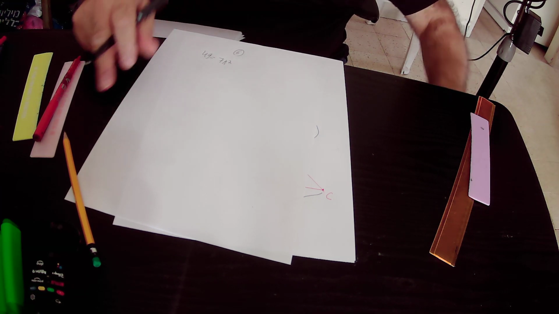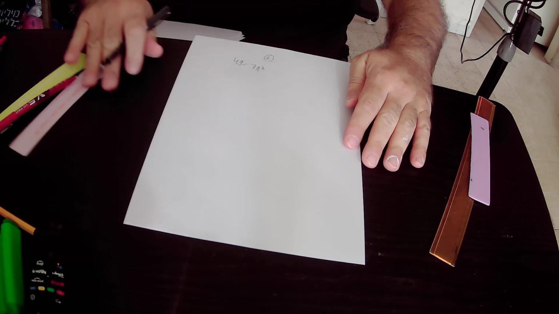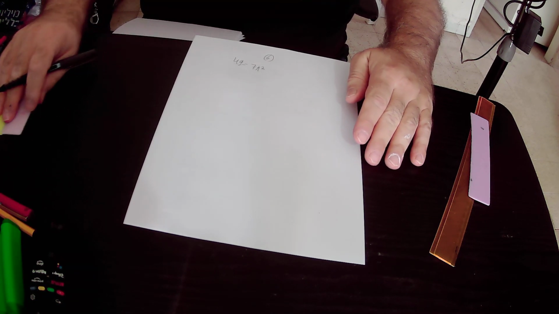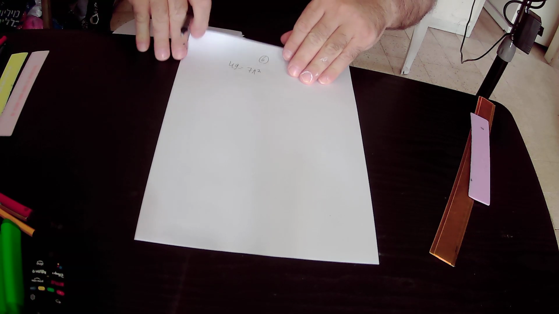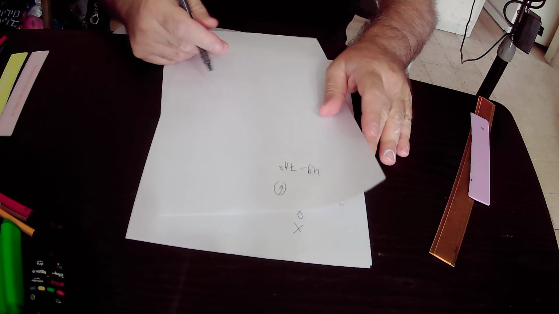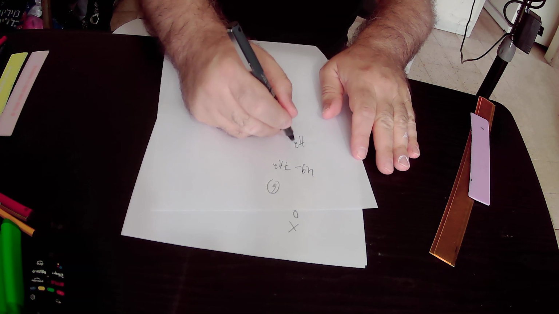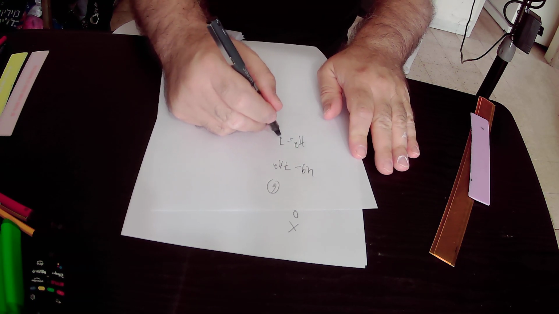Here we will divide this equality by 7, and we will get that k square equals 49 over 7, which is 7.